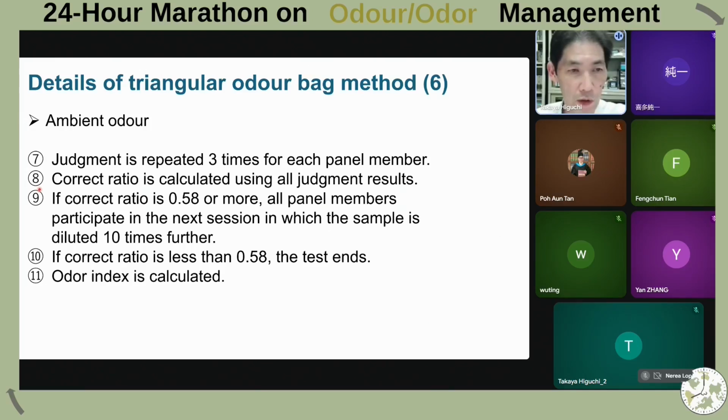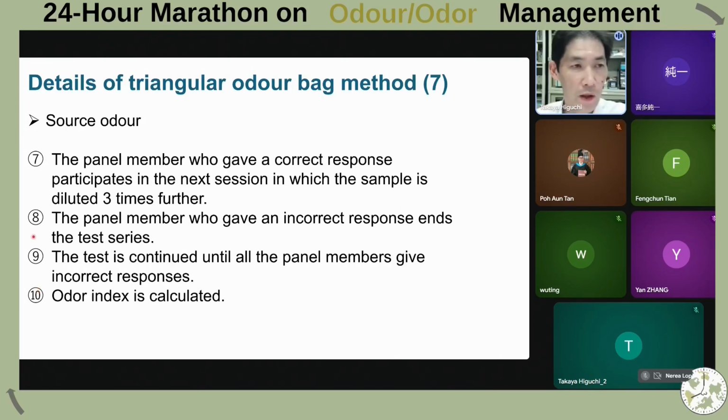Correct ratio is calculated using all judgment results, and if correct ratio is 0.58 or more, all panel members participate in the next session, in which the sample is diluted 10 times further. But if correct ratio is less than 0.58, the test ends, and odor index is calculated.